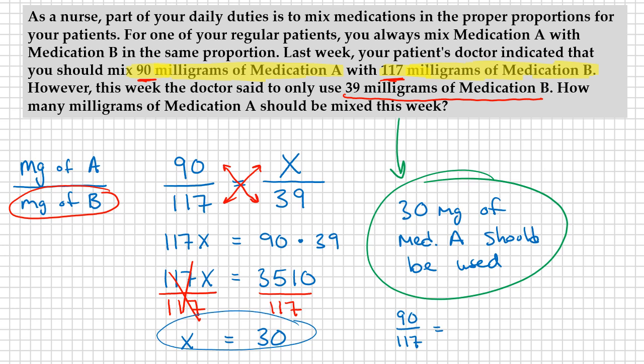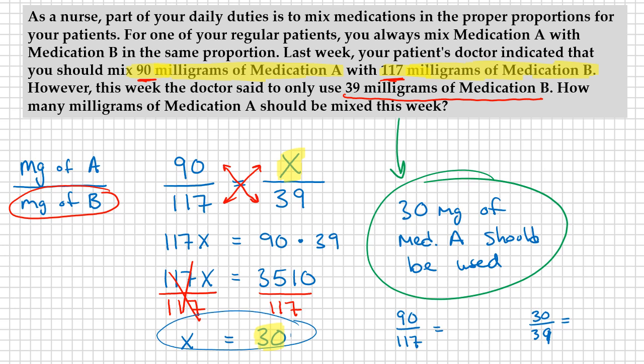So this 30 is the number that goes right here for x. So the 90 over 117 and the 30 over 39. If 30 is the right answer, then when we divide in the calculator, 90 divided by 117 and 30 divided by 39, we should get the exact same number.